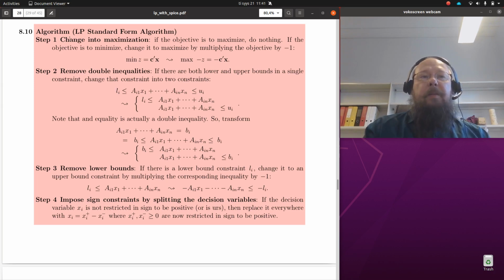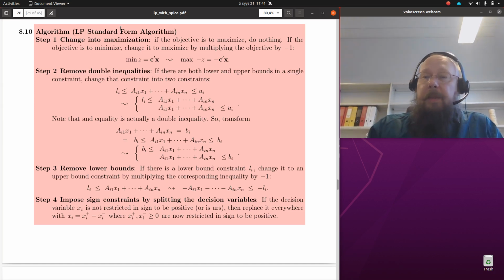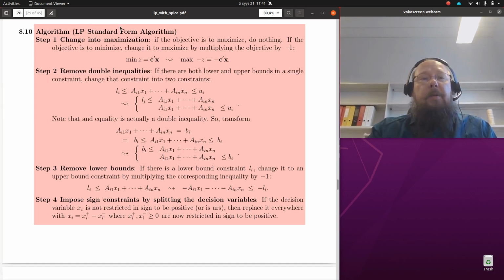So step 1, this was the standard form or primal standard form transformation. In step 1, you change the minimization into maximization by multiplying by -1. Well, in the dual standard form, it's the other way around: you turn maximization into minimization. And again, the trick to do this is to multiply by -1. Step 2, remove double inequalities.